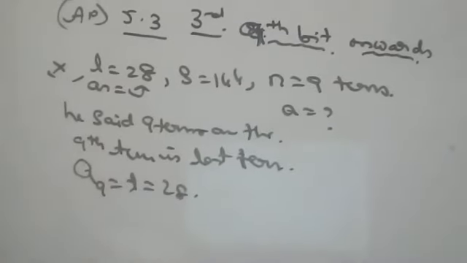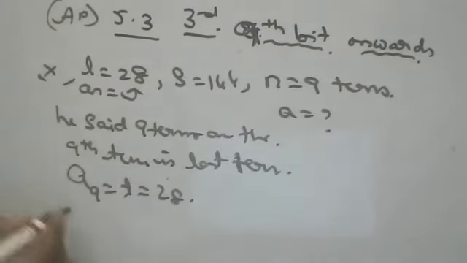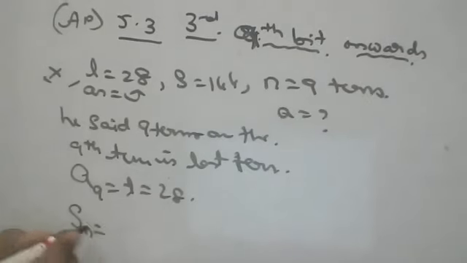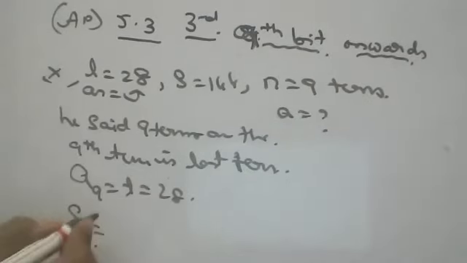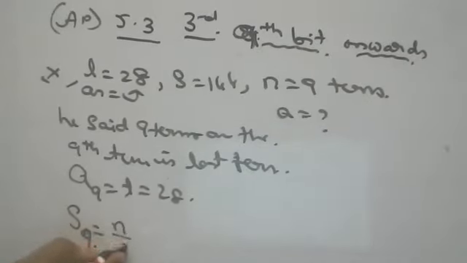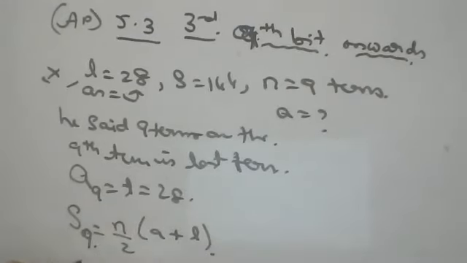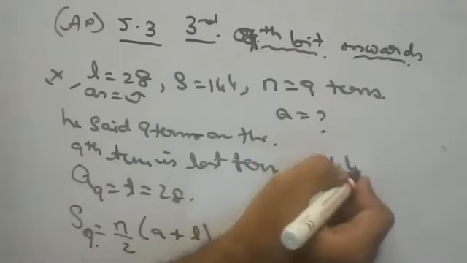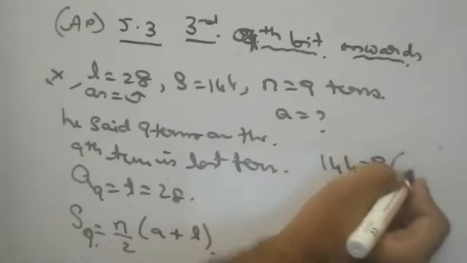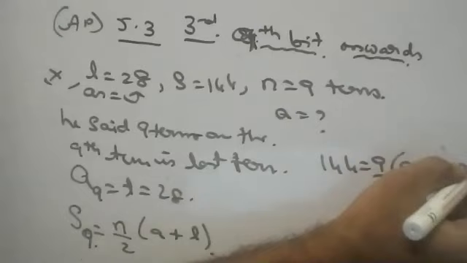Okay, so find a. We know Sn, the sum of 9 terms, is equal to n by 2 into a plus l. Directly, the sum of 9 terms he gives, 144. 9 by 2 into a, you want. Last term is given as 28.